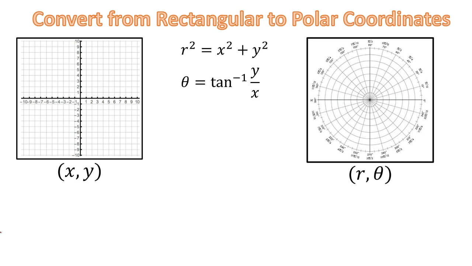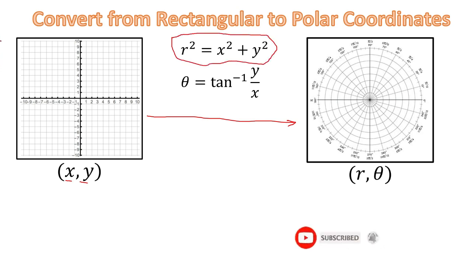To do this, you need to remember, using x and y, we start from the rectangular coordinates to get to the polar coordinate system. The radius is the square root of x squared plus y squared. And the angle theta is the arctangent, the inverse function of tangent, of y over x.